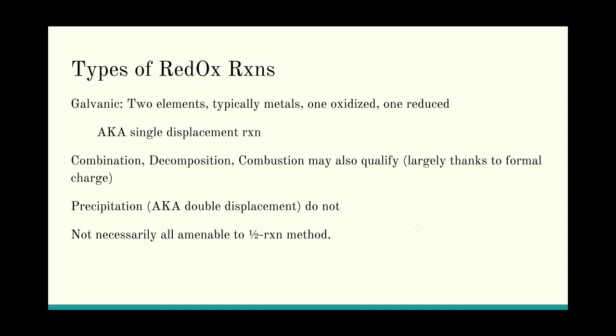Not all of these different redox reactions are really amenable to the half-reaction method, meaning that the half-reaction method will work for these galvanic reactions, where you can separate them into two half-reactions quite easily, but otherwise they might not work so well. It can be particularly difficult when a single species is both oxidizing and being reduced. Just some things are strange like that.